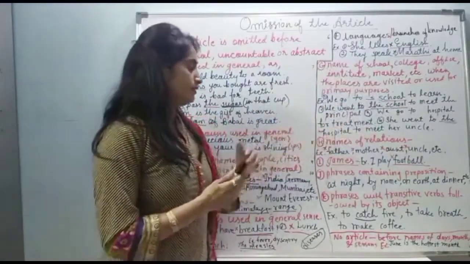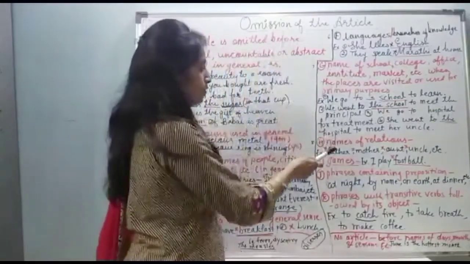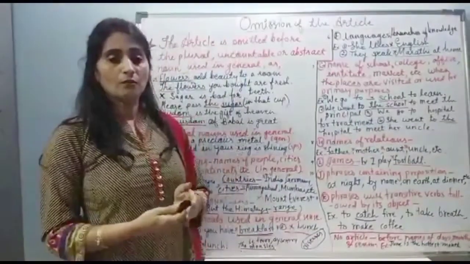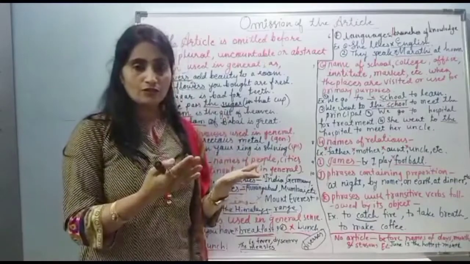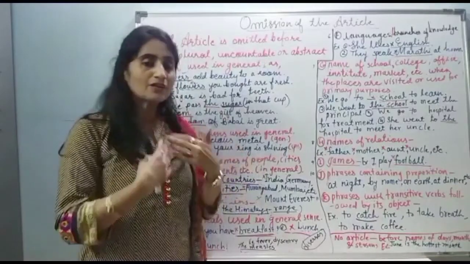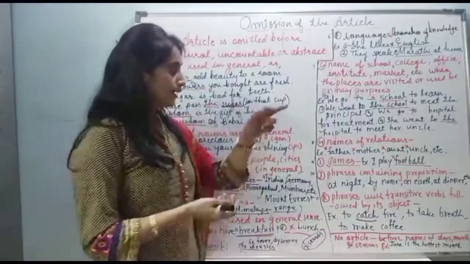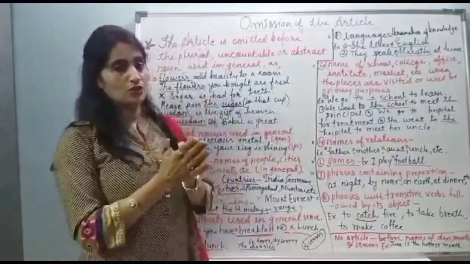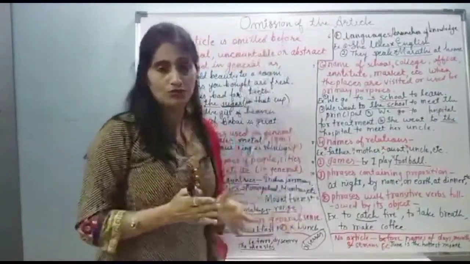Let us see the next rule, rule number 8. The article is omitted before names of relations. When you are talking about my relation to someone, our relation to someone, then we should avoid the use of the article. The article is omitted there.